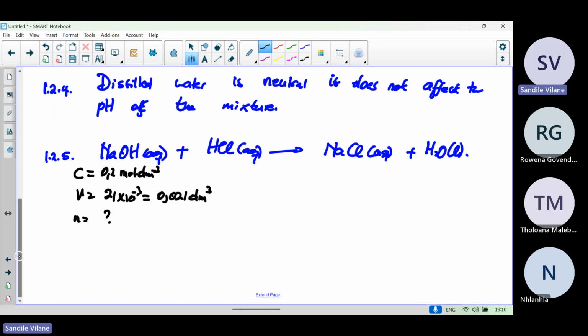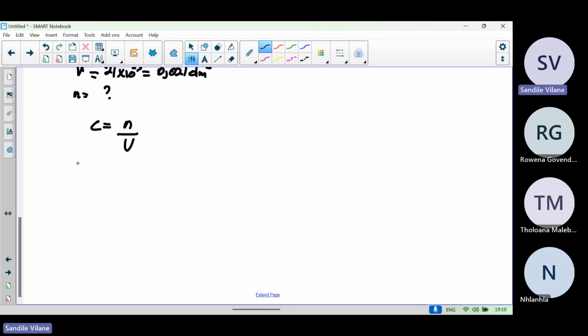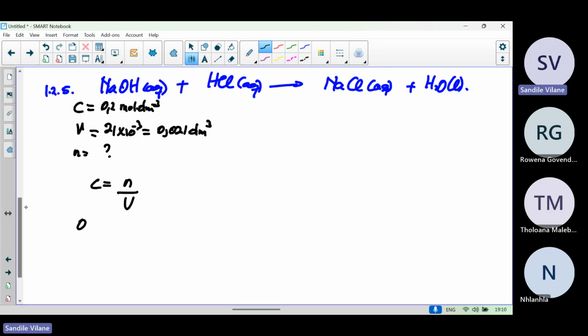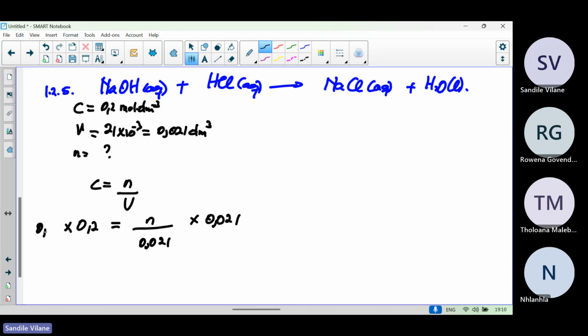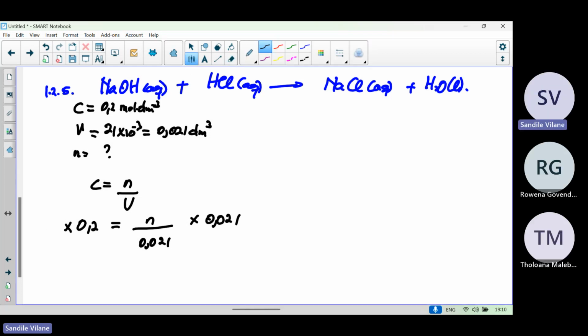Be careful. I'm looking at the concentration of sodium hydroxide, the volume that is neutralized, as well as the number of moles. So in our case, C equals n over V, and we've got 0.2 and 0.021. So you multiply both sides by 0.021. Can you assist me with your calculator?